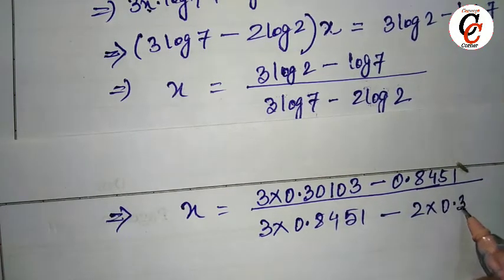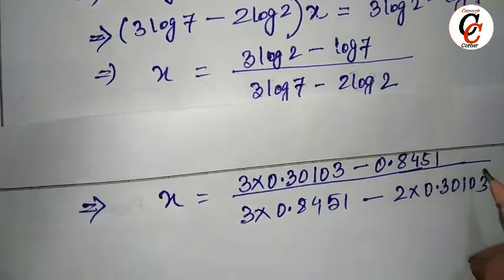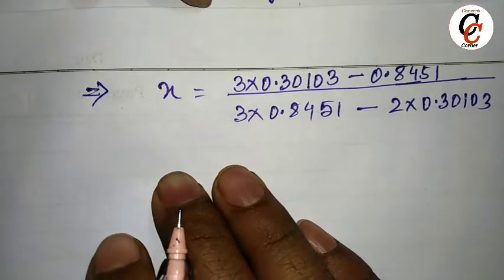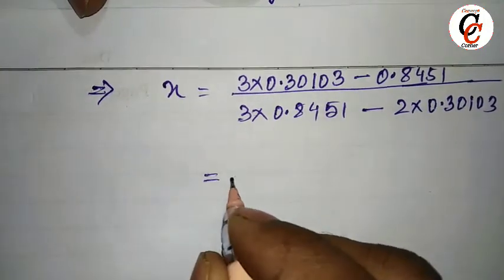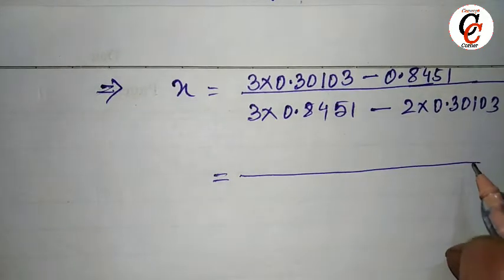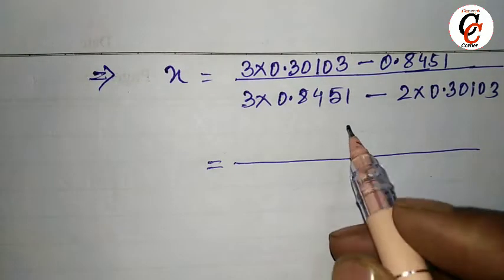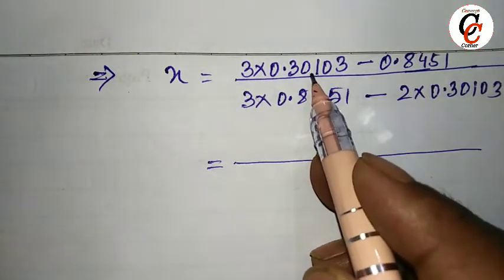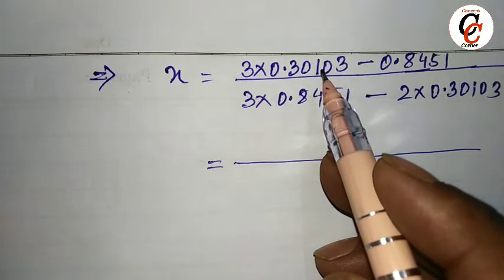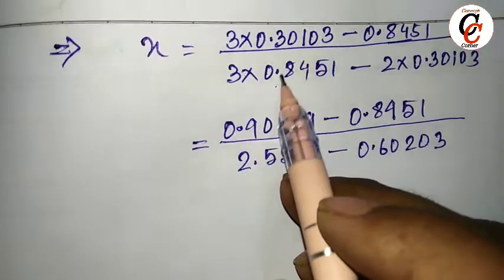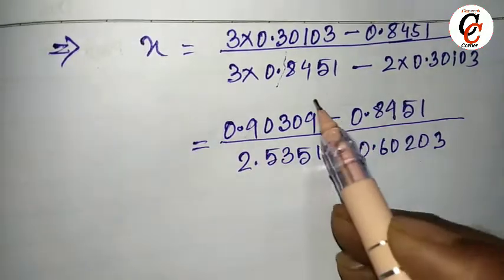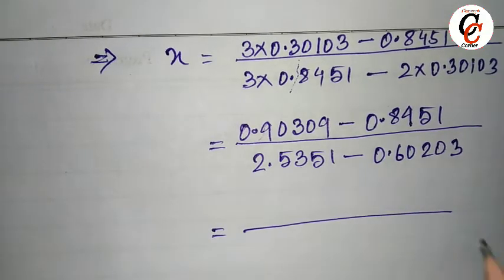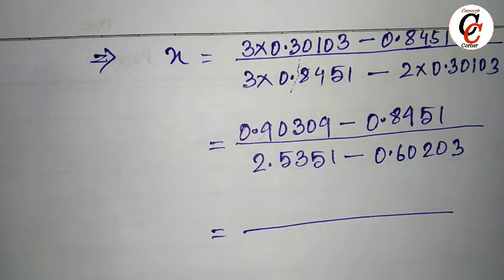Again, 3 log 7, where log 7 means 0.8451, minus 2 log 2. 2 into log 2 means 0.30103. Now it is just simple: simplify and get the answer. So after multiplying 3 into this 0.30103 we will get the result.